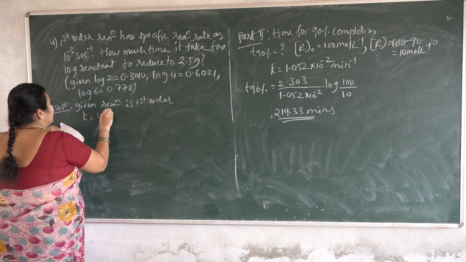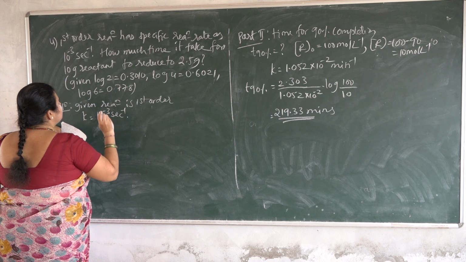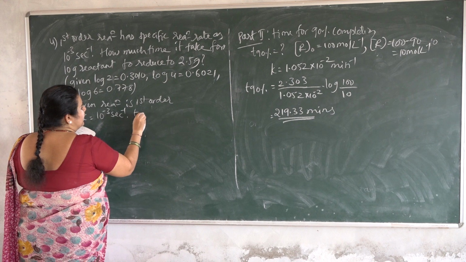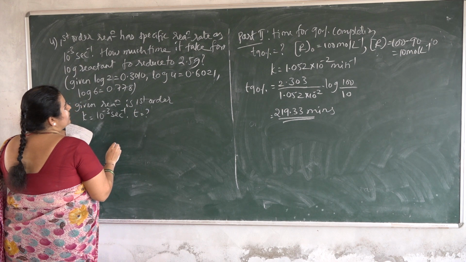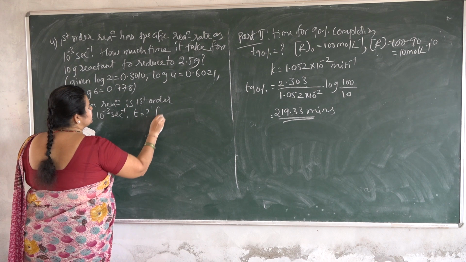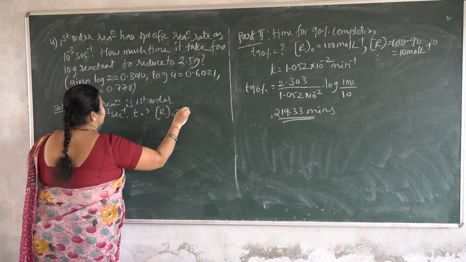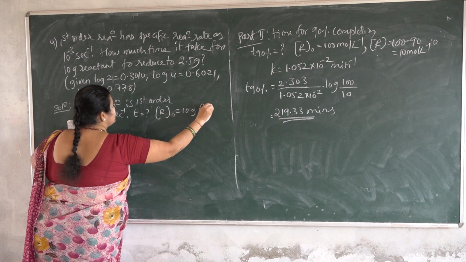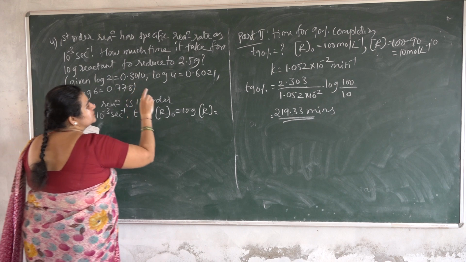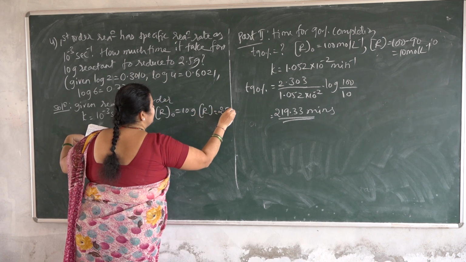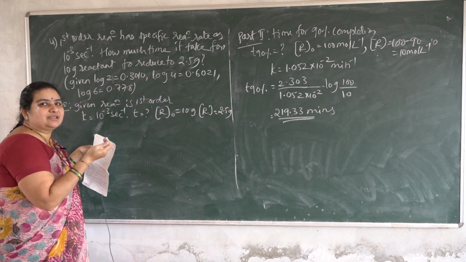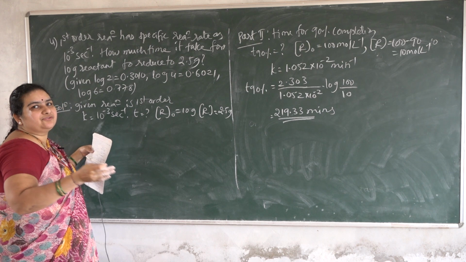K is 10 raised to minus 3 second raised to minus 1. How much time is required? The initial concentration is 10 grams. The concentration of reactant is reduced to 2.5 grams. Reduced to means after reduction it should be 2.5 grams.